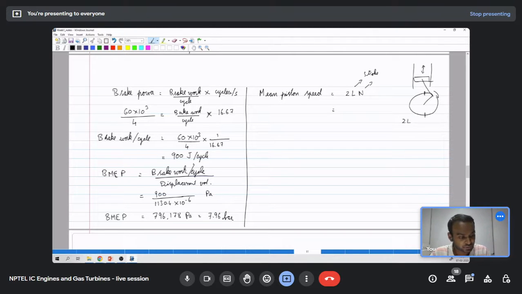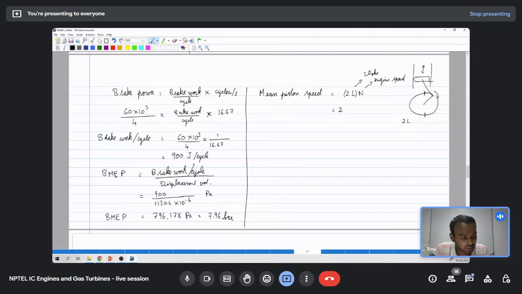That happens for the number of revolutions in a second, so we multiply this with N. So the piston moves 2LN distance per second, where N is engine speed in revolutions per second.